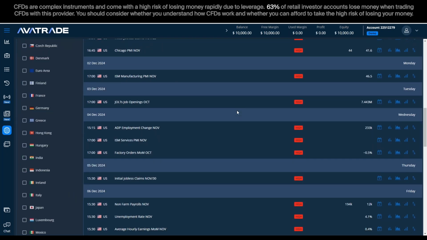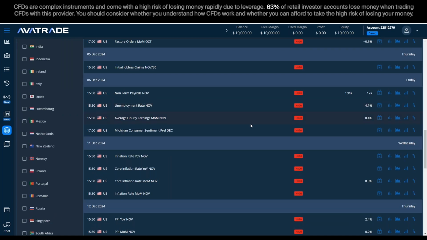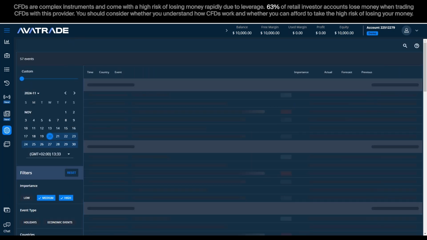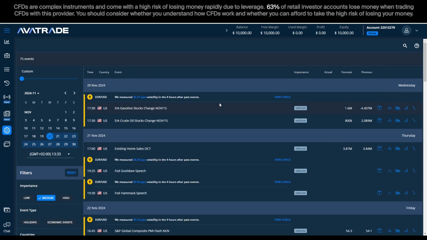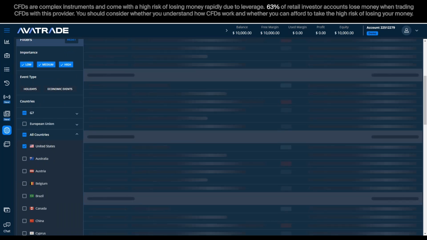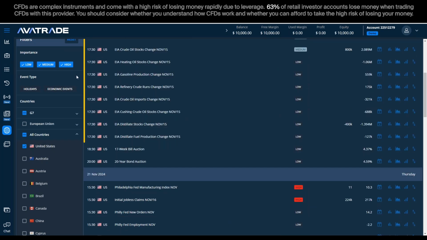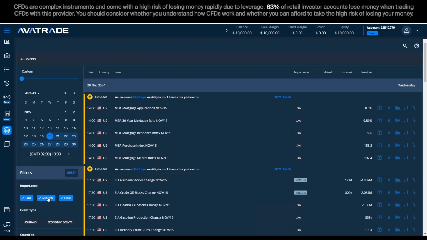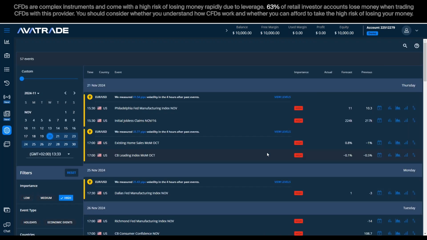As you can see, many high impact events. Okay, I can go for medium if I would like to. Of course, I can keep them both. I deselected the low and the high, so it will be separated, but I can have all of them together. Okay, let's keep it high only for now.